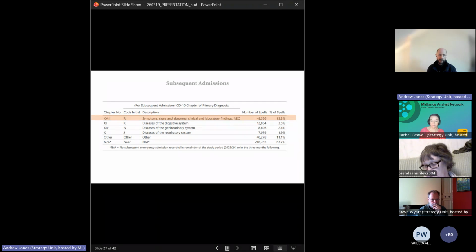Anyway, that was a whirlwind summary of the characteristics of these patients, and I'll move on to briefly cover inequalities in diagnosis rates. So are some groups more likely to receive a non-specific diagnosis?